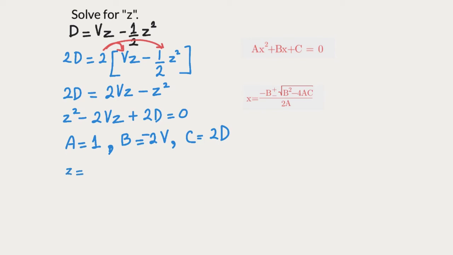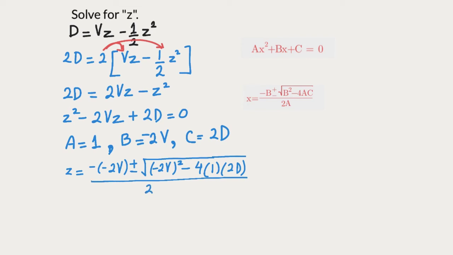z equals negative b, which is negative times negative 2v, plus minus under root of b square, which will be negative 2v square, minus 4ac, which is minus 4 times 1 times 2d, whole divided by 2a, which is 2 times 1.